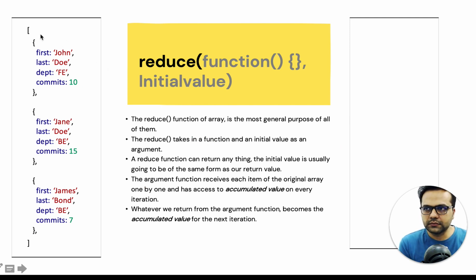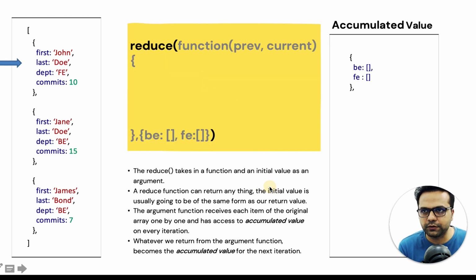I have created this simple animation so that you are absolutely clear what's happening. So we have this array, and we are going to use the reduce function. The reduce function takes in an initial value, and in our case we need an object with two properties, backend and frontend, and both are arrays.